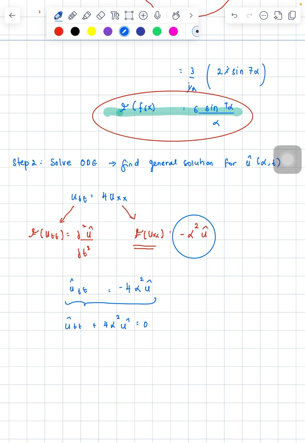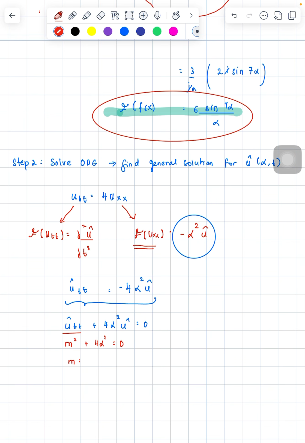From this we can transform into the auxiliary equation. Since this is second order, we put m square plus 4 alpha square equals 0.